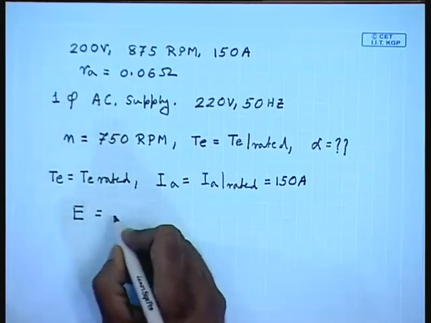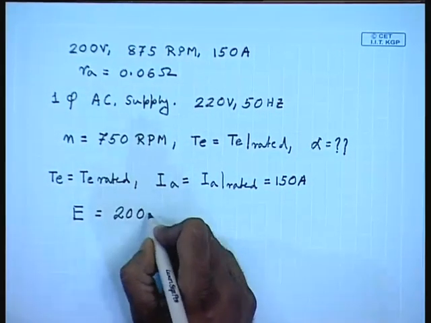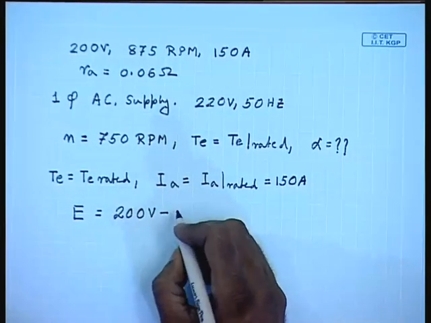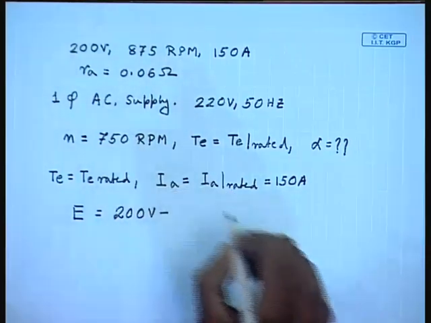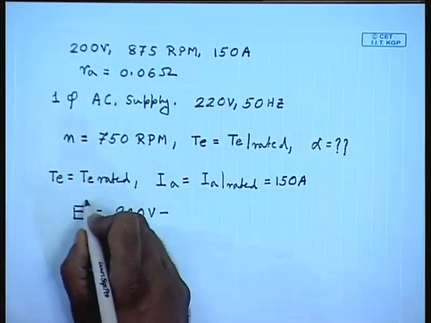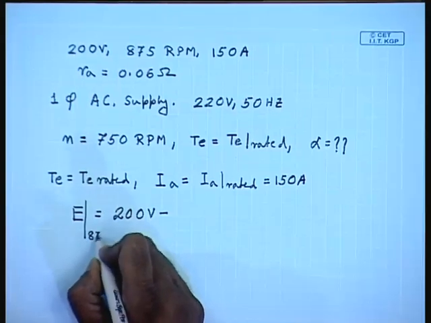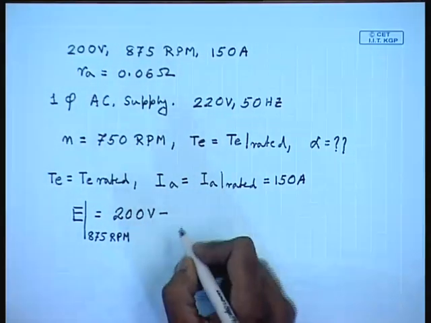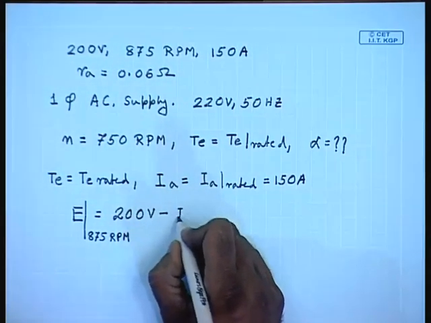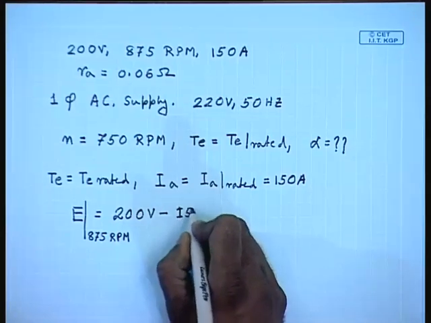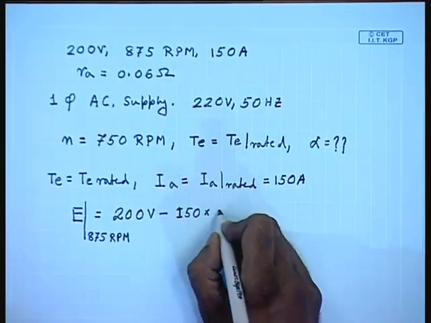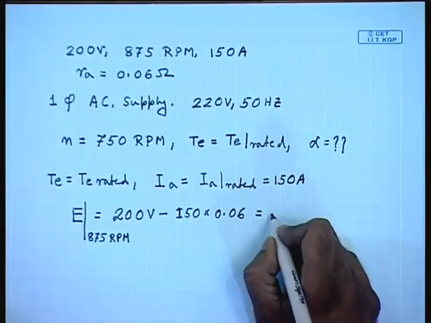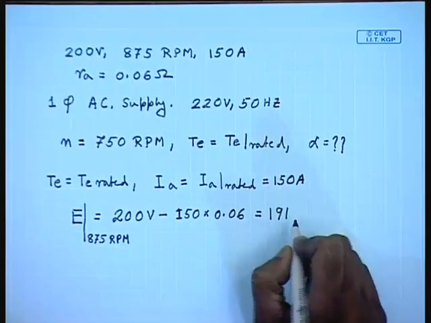E equal to rated terminal voltage, which is 200 volts, minus IA into armature resistance, which is 150 amperes into 0.06 ohms, at rated speed, because that is when 200 volt is applied. This comes to 191 volts.